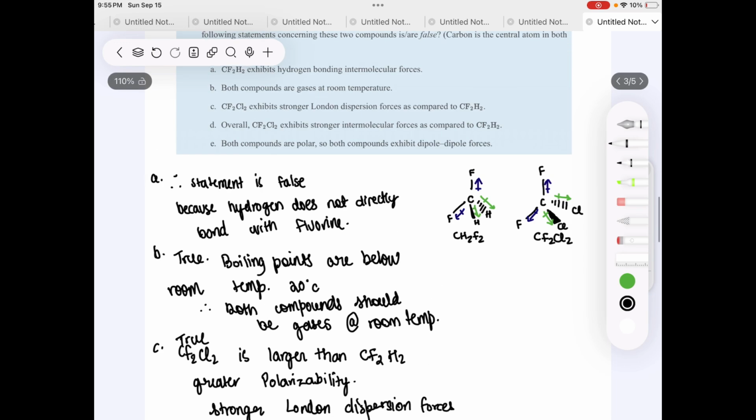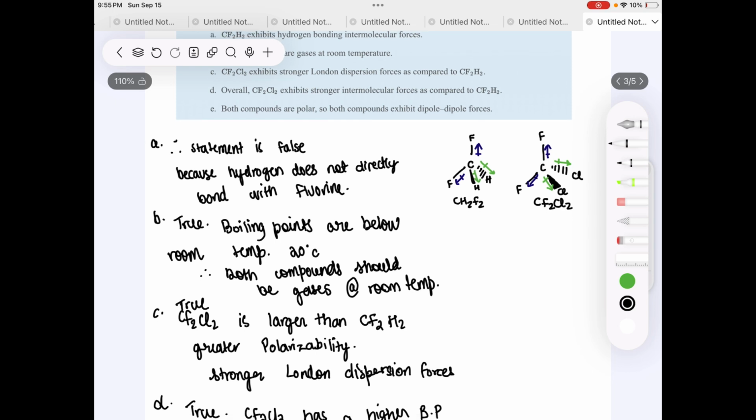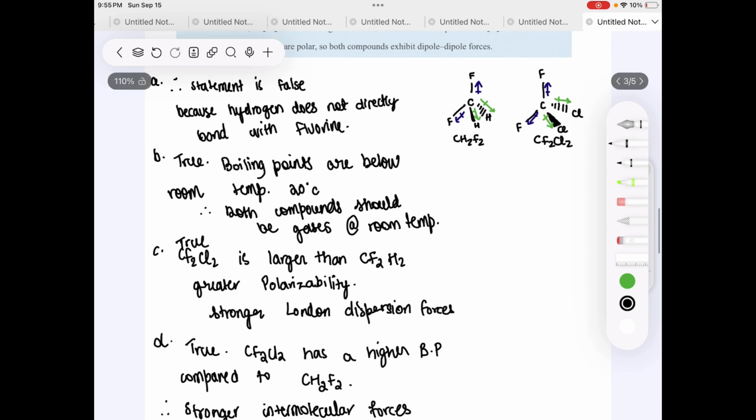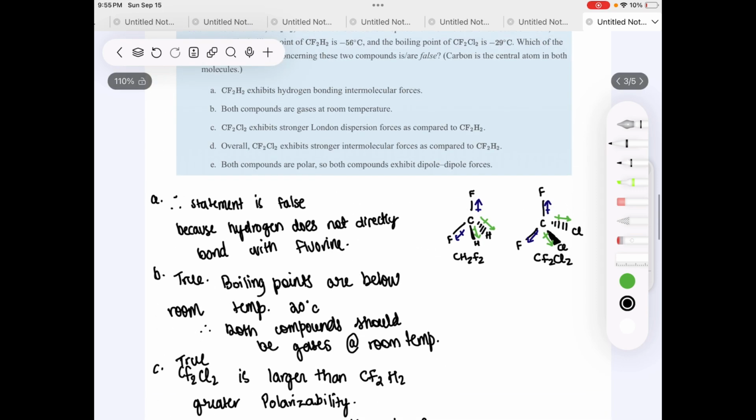Option E. Both compounds are polar, so both compounds exhibit dipole-dipole forces. This statement is true because in the molecular geometry of both compounds, we can see that there is an uneven distribution of charge.